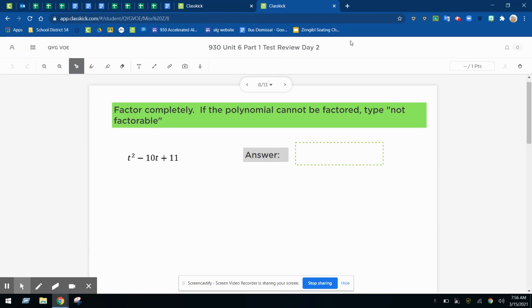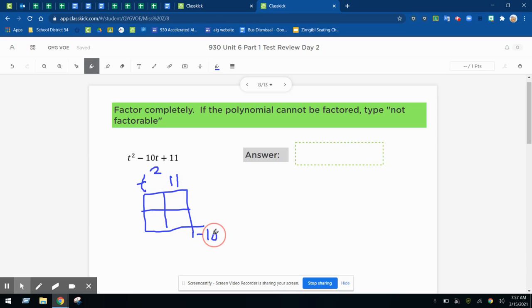All right, let's try to factor t squared minus 10t plus 11. So we have t squared, 11, and negative 10t. So we could do t times t. Now, this might be a little tricky here, right?